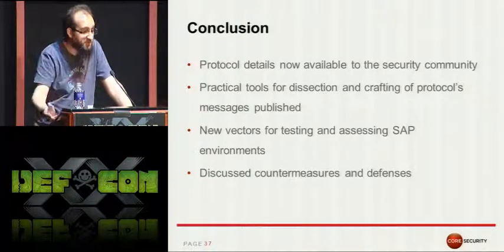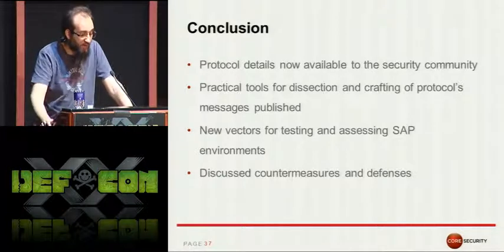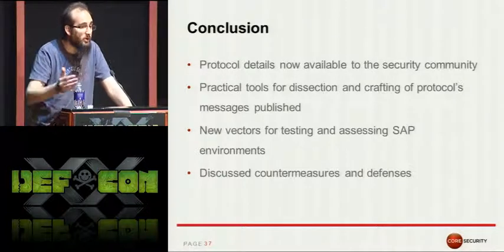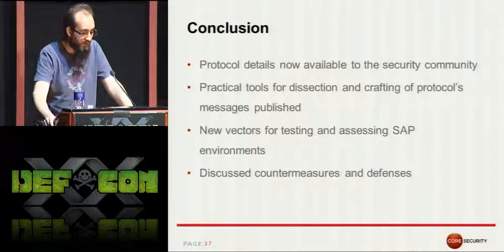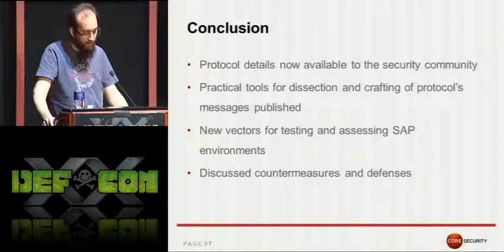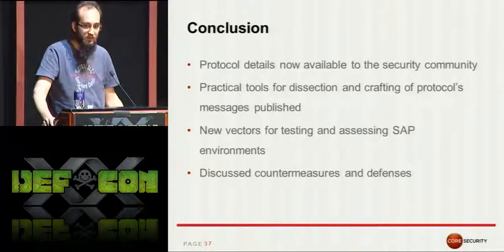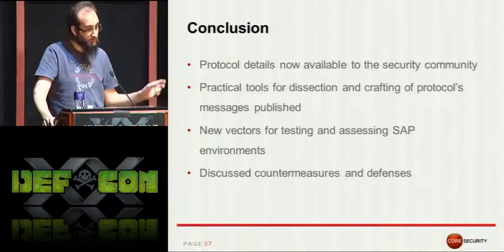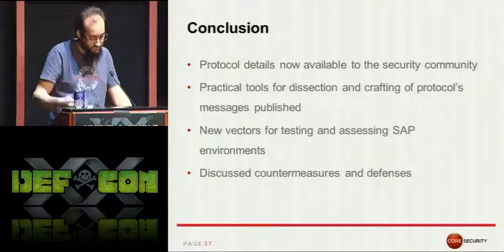There are new vectors that are now practical. They are well-known vectors, but now it's possible to perform actual attacks. We have also discussed some countermeasures and defenses to try to protect your systems.